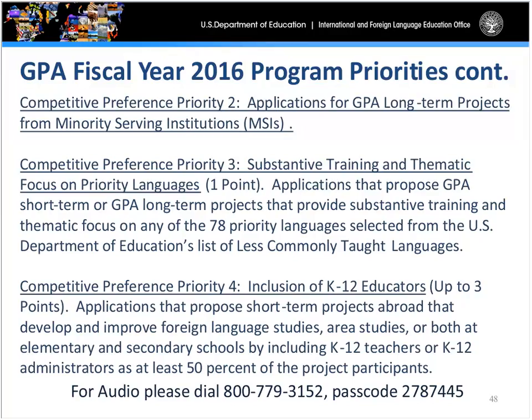So, for example, if the country that you are intending to travel to is located on the State Department's travel advisory, meaning that they're not advising U.S. citizens to travel, your application will be ineligible at this time.